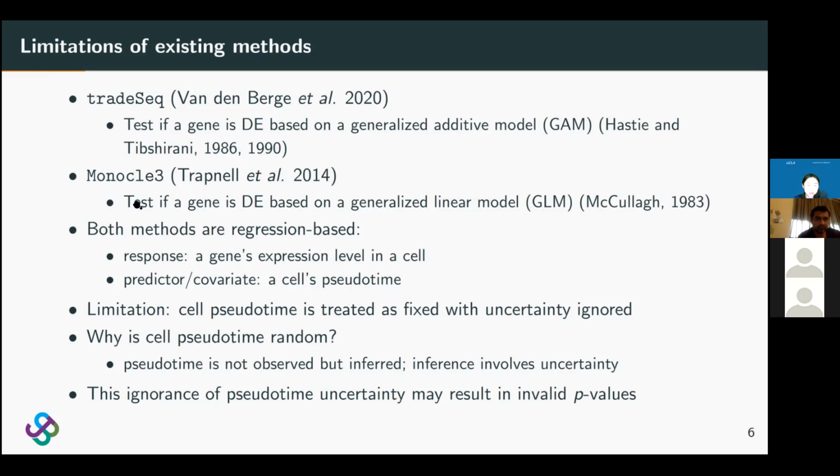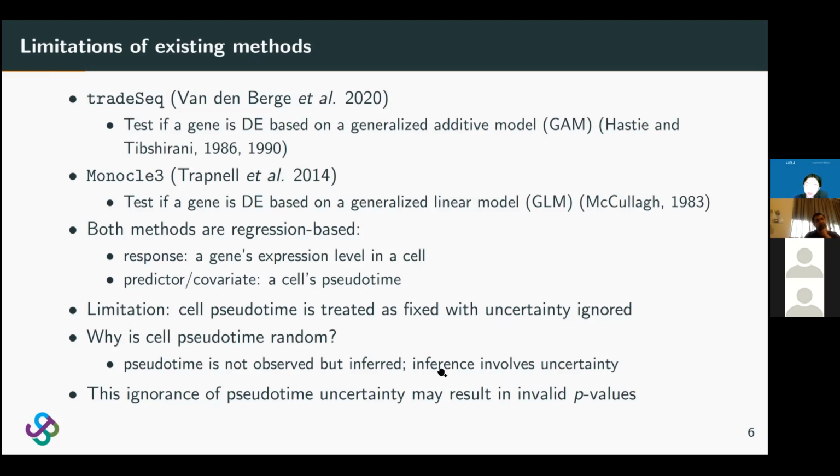But in those two methods, there's a common limitation. Both of them treat cell pseudotime as a fixed covariate and ignore the uncertainty of pseudotime inference. But pseudotime is actually random. Why? Because we do not observe it as a characteristic of a cell. Instead, we infer it from all cells' gene expression levels.